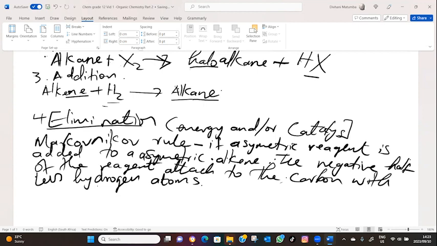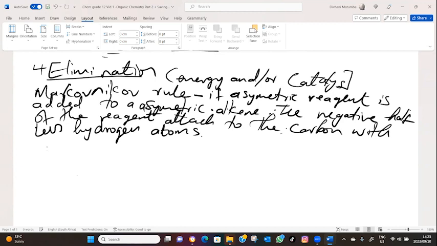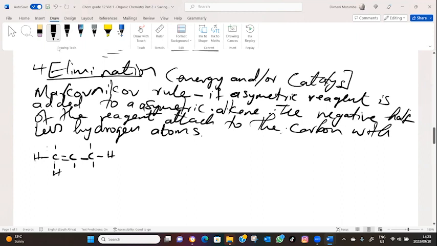All right, for an example, as you can see, if you add hydrochloric acid, HCl, what happened to this unsaturated compound?